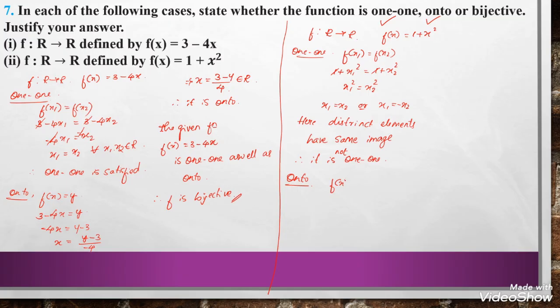f of x is equal to y. What is f of x? That is 1 plus x square is equal to y. So x square is equal to y minus 1. x is equal to root of y minus 1.